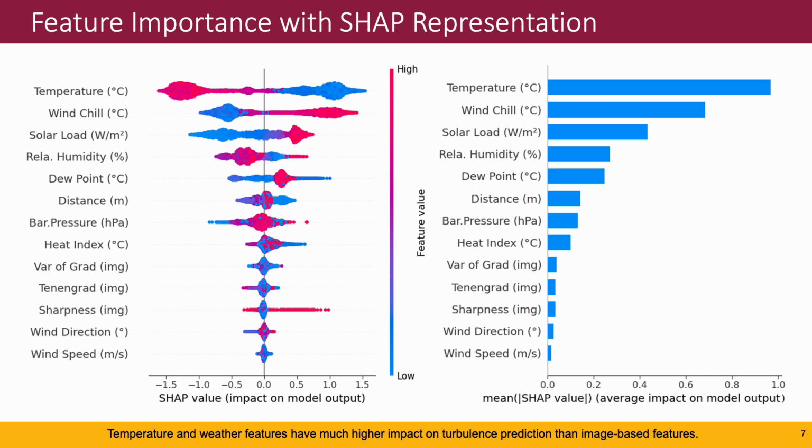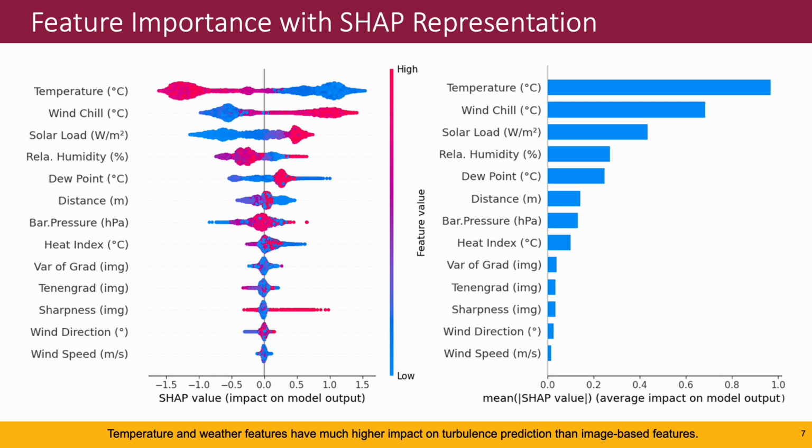And this is a visualization of feature importance when we use KAN with different weather and image-based data. We found that on the right side, temperature, wind chill, and solar loading are the most important parameters for Cn² estimation. Also, distance is quite important.